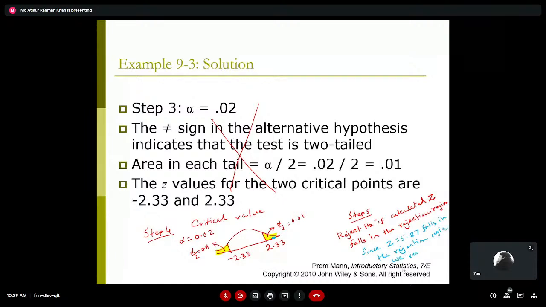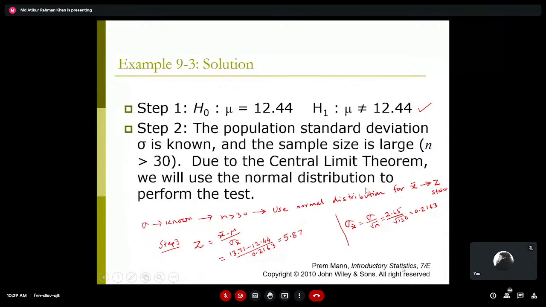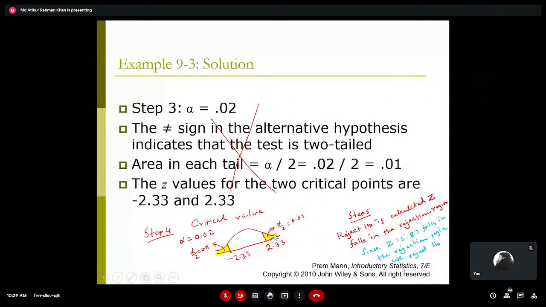The shaded areas are the rejection region, and the non-shaded area is the non-rejection region. We found that our calculated value of Z is falling in the rejection region, so we reject the null hypothesis.